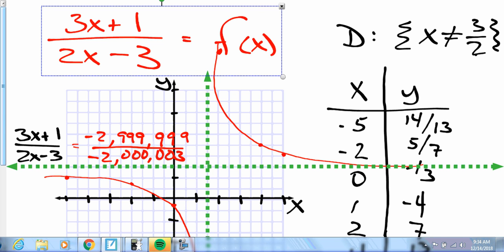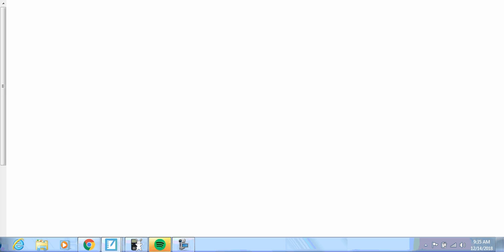So, anybody notice a coincidence here? Where's my horizontal asymptote? Where's my vertical asymptote? Is that a thing, or is that a coincidence? It's a coincidence. I'll prove it to you. 6x plus 1 over 5x minus 1.